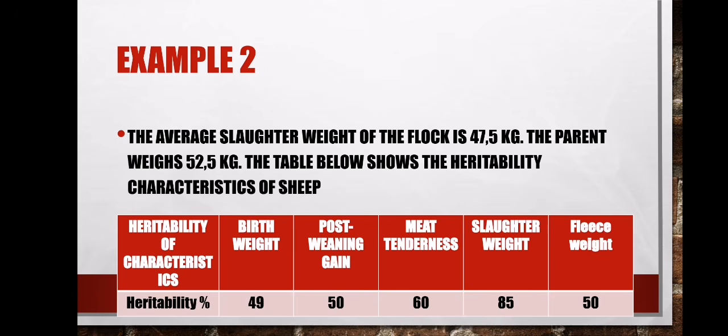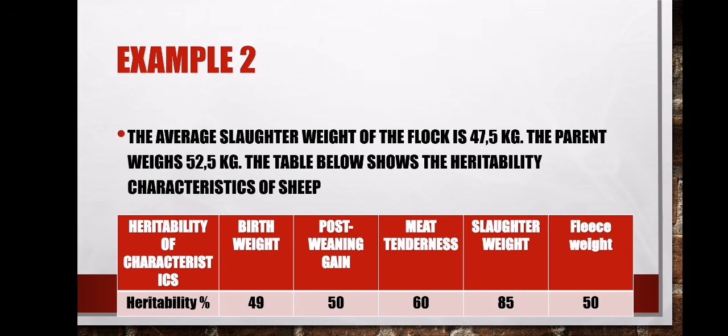The average slaughter weight of the flock is 47.5 kg. That's the average. The parent weighs 52.5 kg.